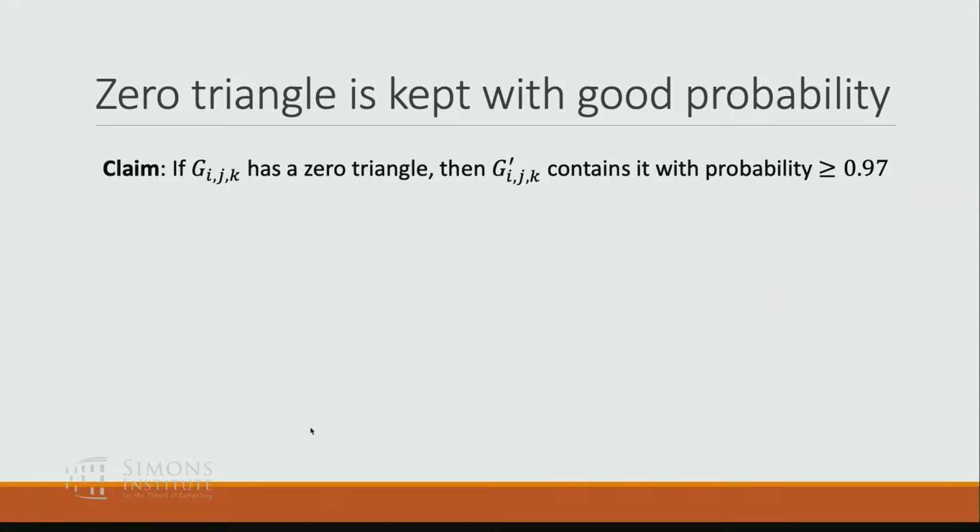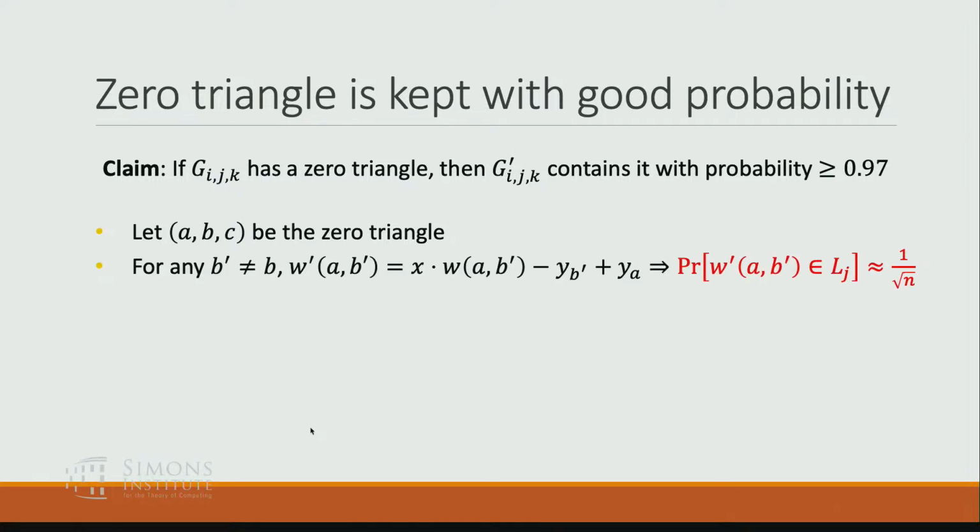So we'll show that this will not happen with very high probability. Let ABC be any zero-weight triangle in the input graph. For any B prime that's not B, the new weight w prime AB prime by definition is x times its old weight minus y_B prime plus y_A.